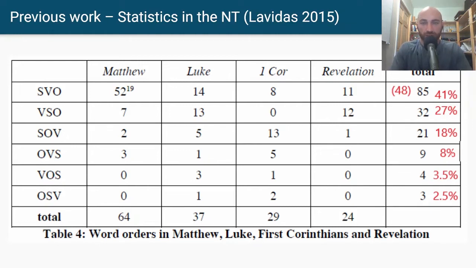Do the VSO clauses occur in pragmatically neutral contexts? Even SOV, which makes up 18%, we'd have to ask, okay, why? Why do we have so many of these SOV clauses? What about them, or what about the context, is triggering this sort of movement?